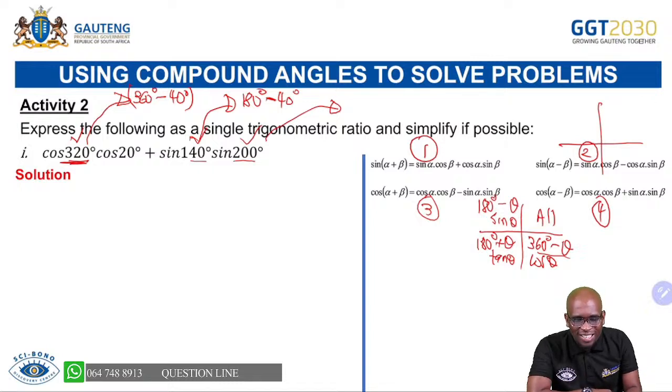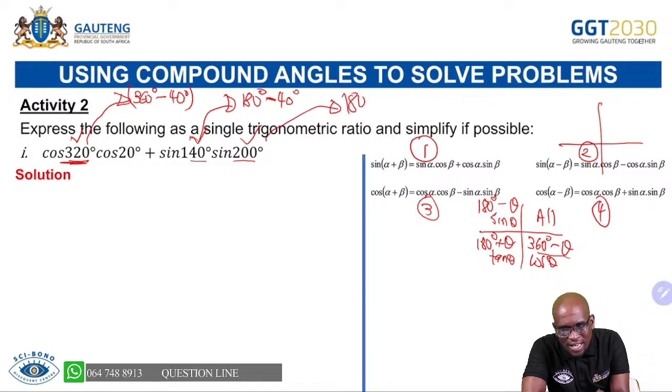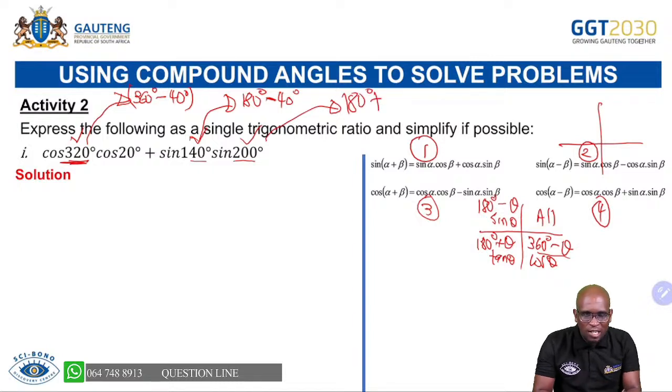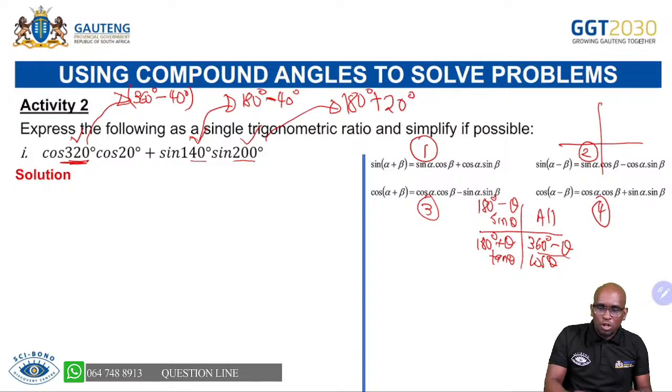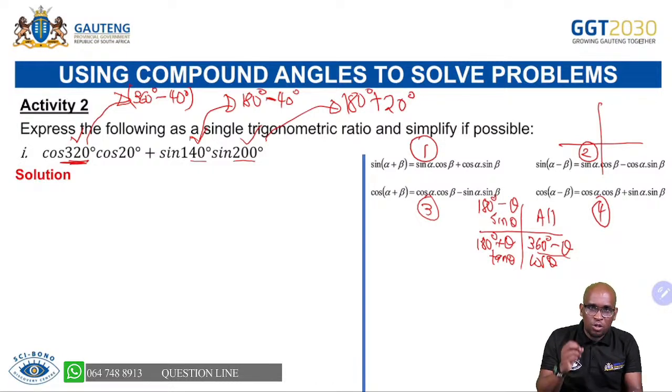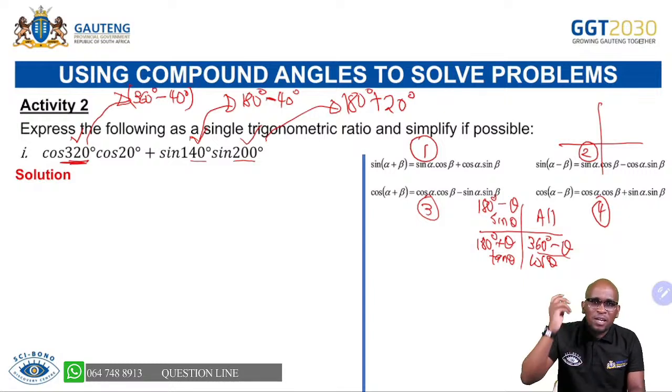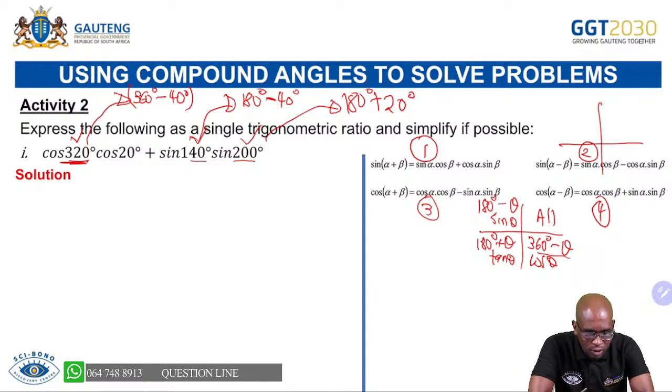In the third quadrant, the instruction is 180 plus. What should we add to 180 to get 200? That should be 20 degrees. So that is the first thing that we need to do. We then need to reduce these values by making use of the reduction formula.